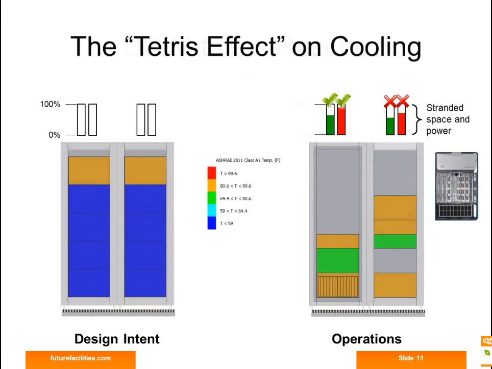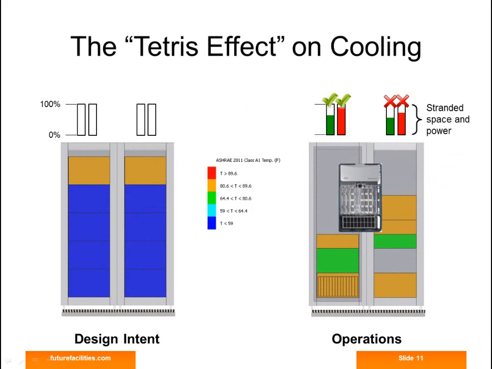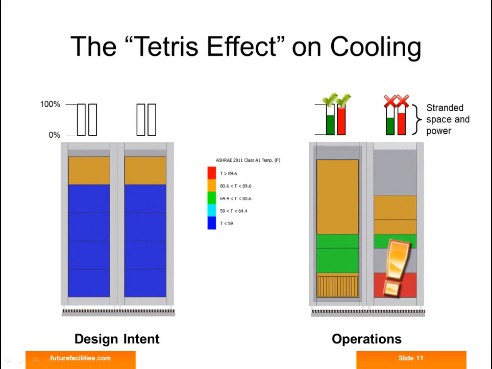But this time, we will observe the IT unit temperatures as the deployment is made. After installation, the IT unit that was deployed is fine, but the bottom unit in the cabinet next door loses its cooling. So this shows an aspect of cooling that is different from space and power.